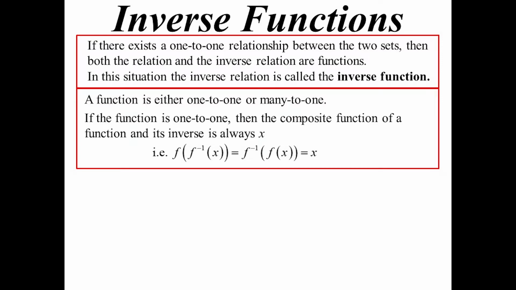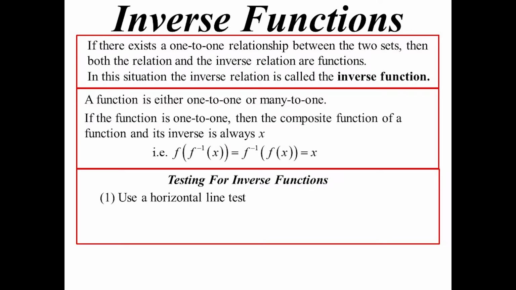So if that function is one-to-one, that's when the inverse relation will be an inverse function, because it goes both ways, if you like. If you go backwards, you're also only going to get one result. And what we should see happening is the cancelling out, because functions and inverse functions should cancel. So the composite of the two should always give us x.